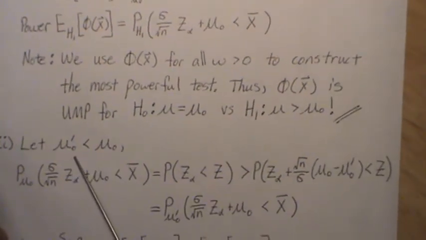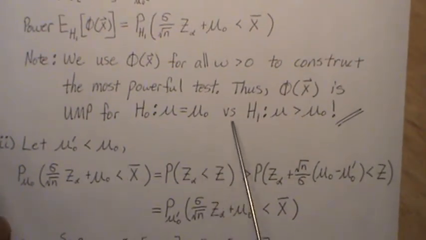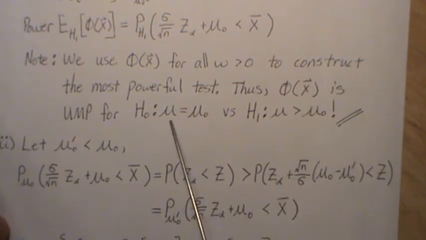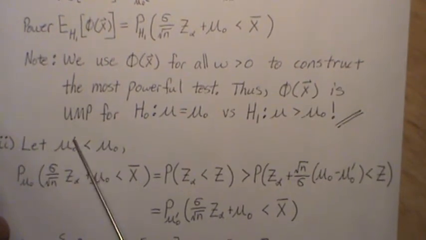But let's look at values that are less than mu naught. So the alternative is greater than. And so let's look at values less than mu naught. Call it mu naught prime.